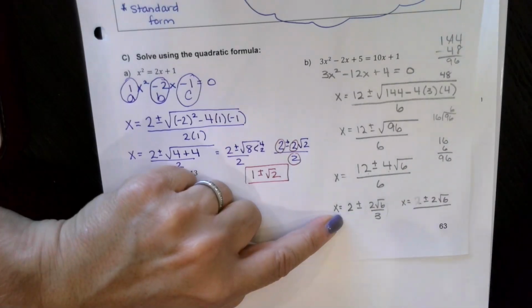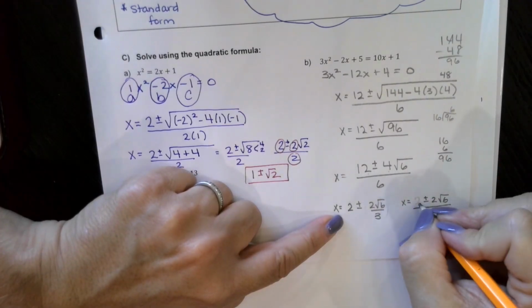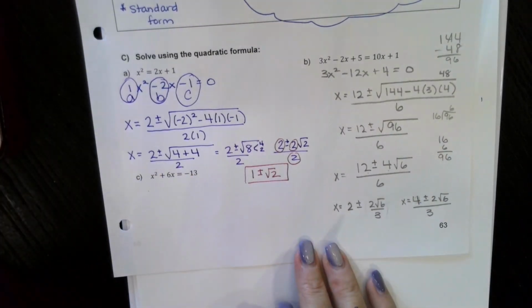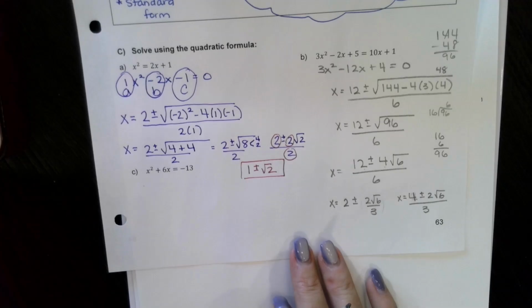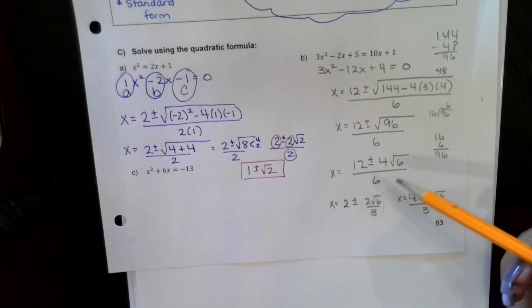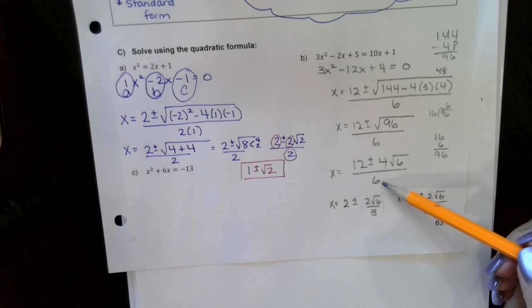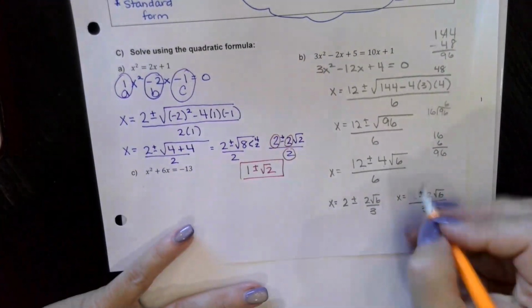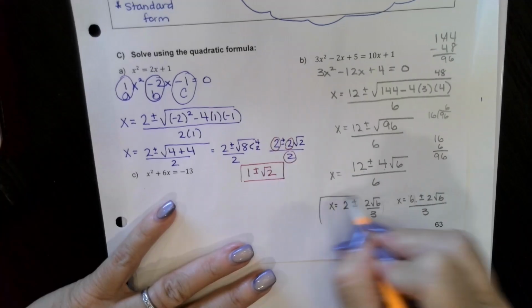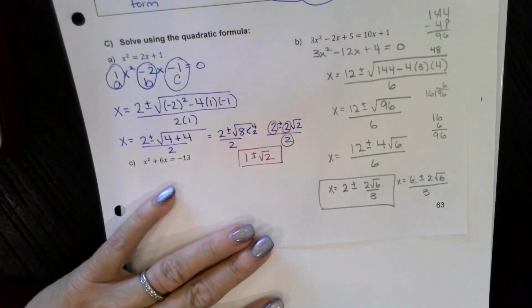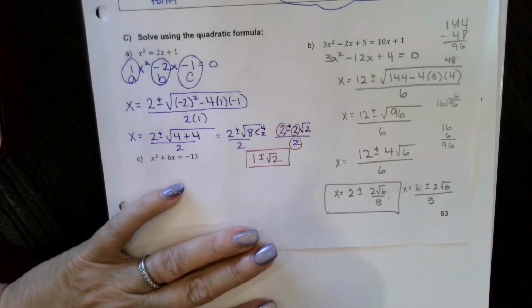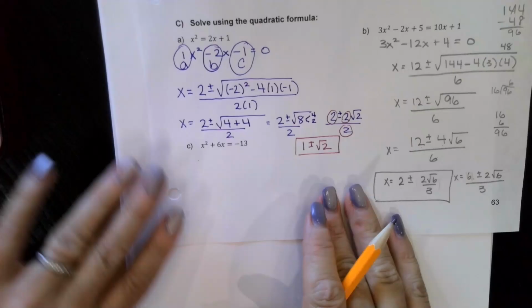Sorry. Why am I having a brain fart? If I divide by 2, this becomes a 2, this becomes a 3, this becomes a 6. Sorry. There we go. Either one of these works. Sorry, that was awful math, but that's okay. I was having a moment.